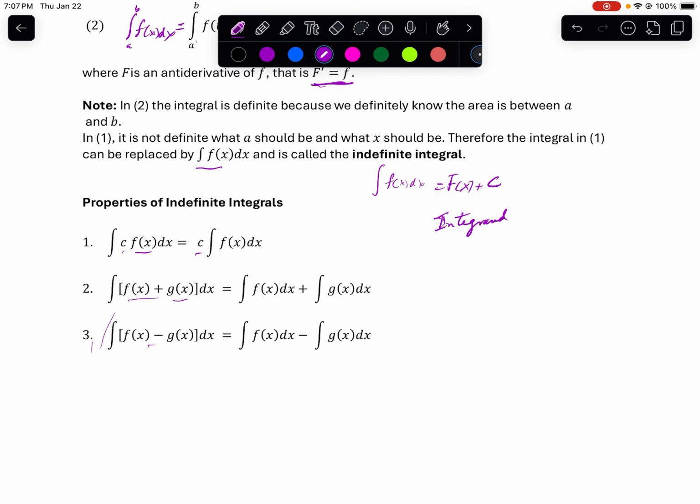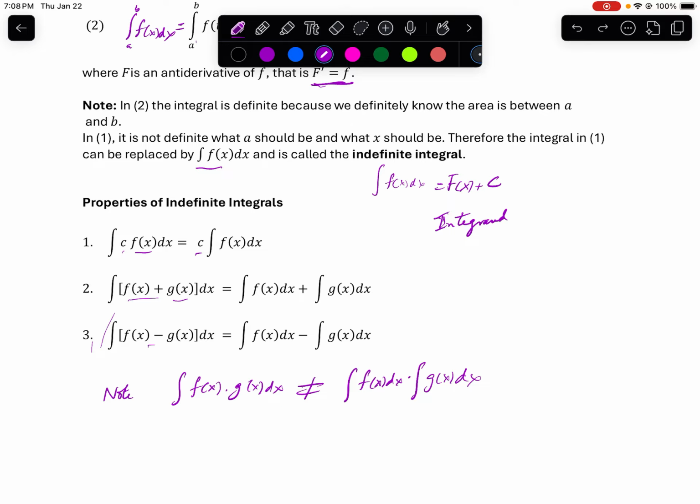Now note here, if you have f of x times g of x, the integral of the product is not equal to the integral of f of x dx times the integral of g of x dx. This is wrong. They are not equal. There is no such rule.